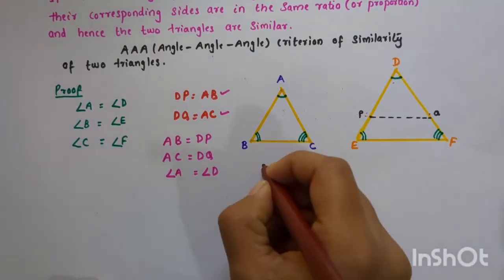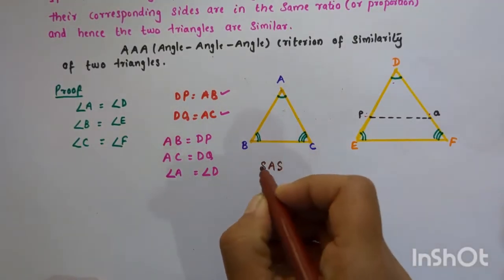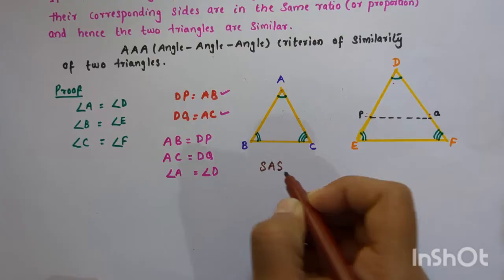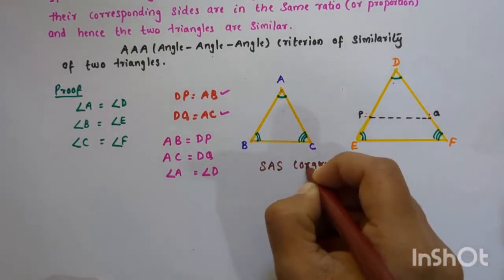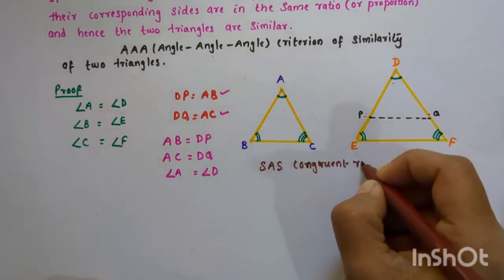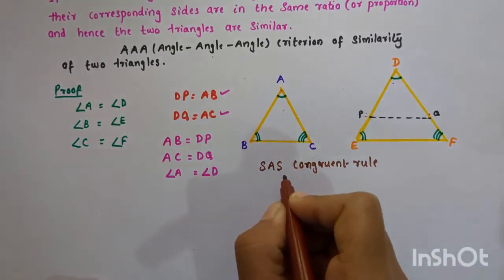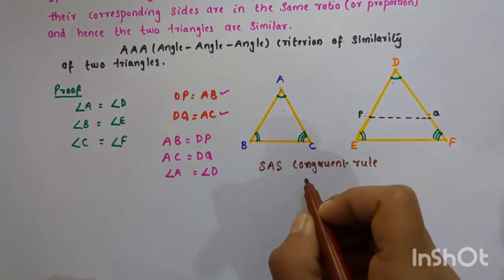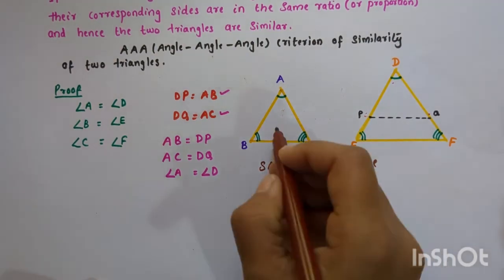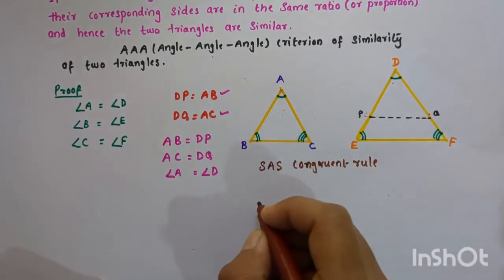So, by the SAS congruence rule, that is the side-angle-side congruence rule, we can say that these two triangles are congruent.